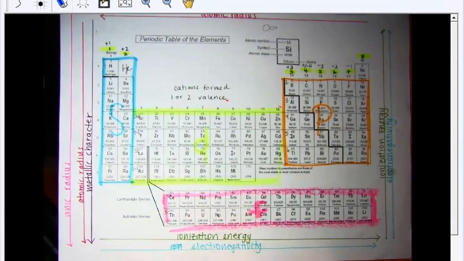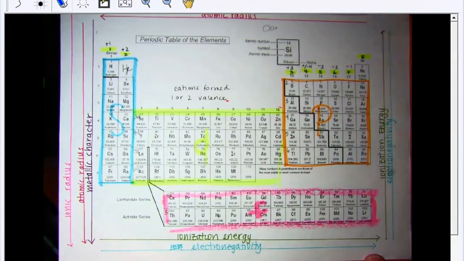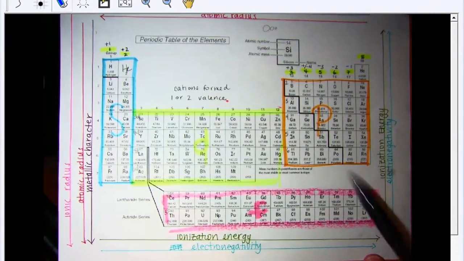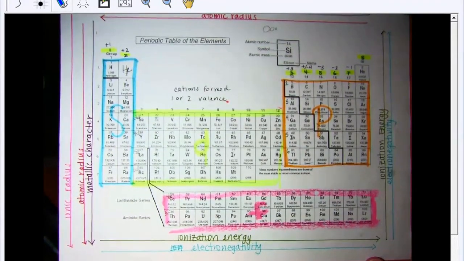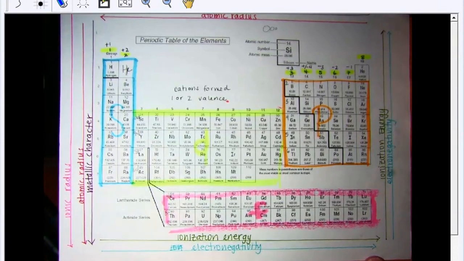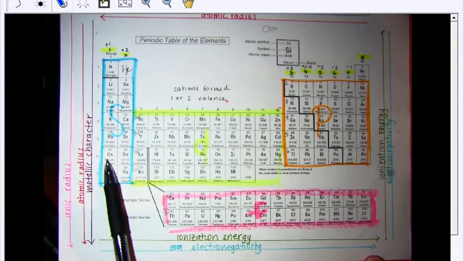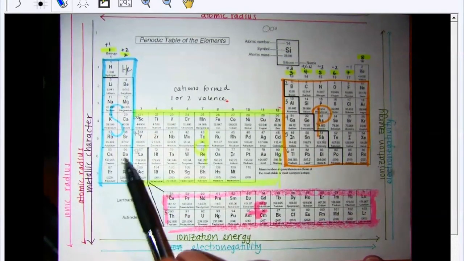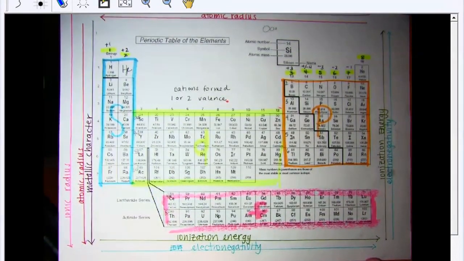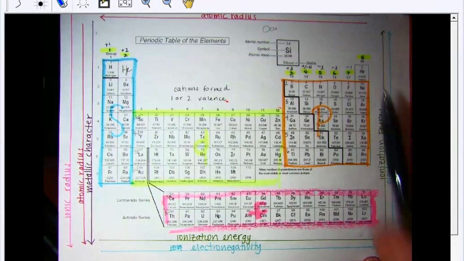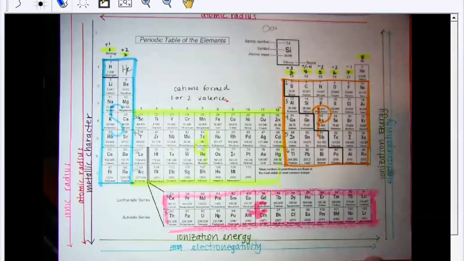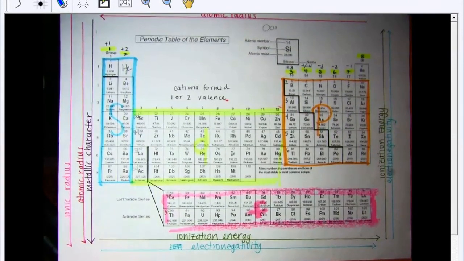If I were to say who's more electronegative, tellurium or sulfur, well, less electronegative would be tellurium, more would be sulfur. If I said who's more electronegative, cesium or barium, neither of them are really electronegative. The barium is more electronegative because it's further to the right. But anytime you see a noble gas, remember, you have to imagine it on the other side of the table.